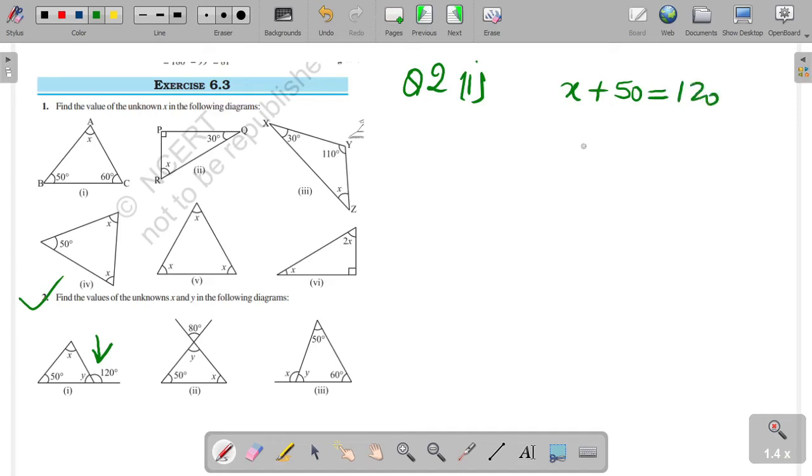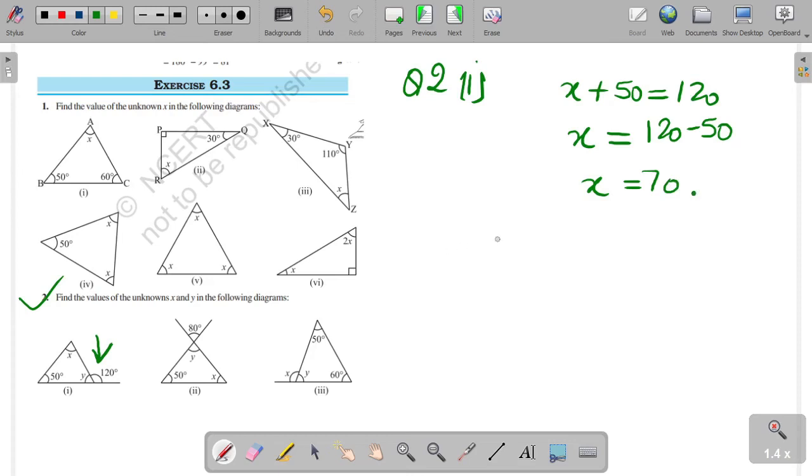First we are taking exterior angle property, so we can calculate the value of x. x equals 70 degree.